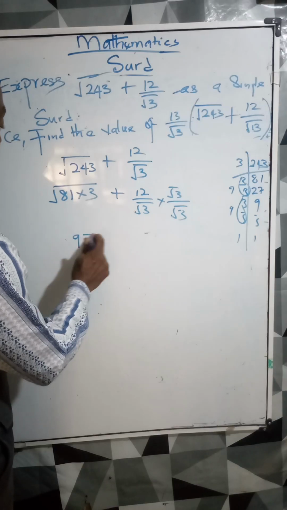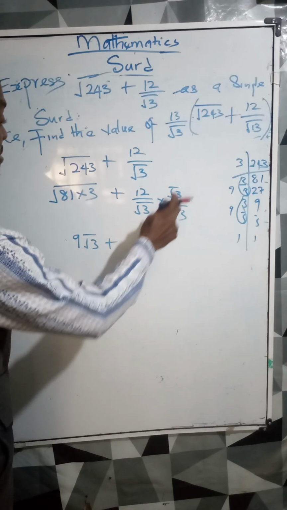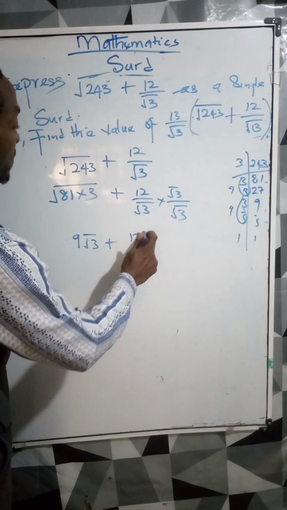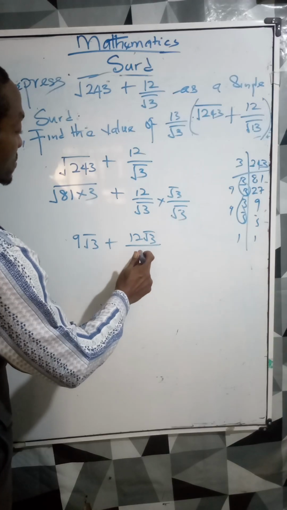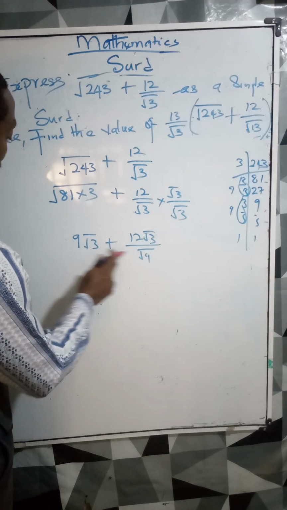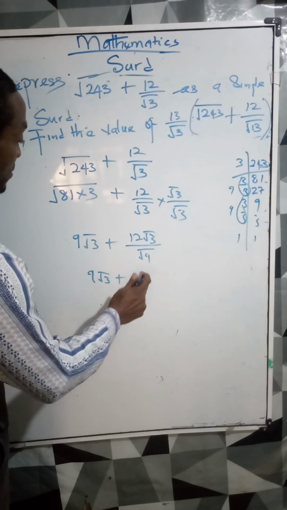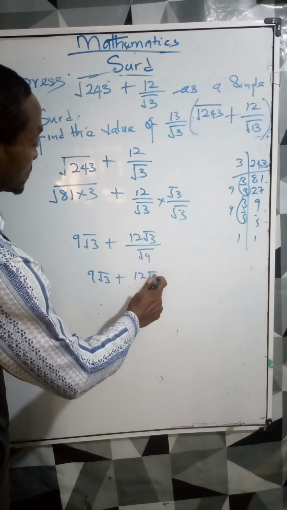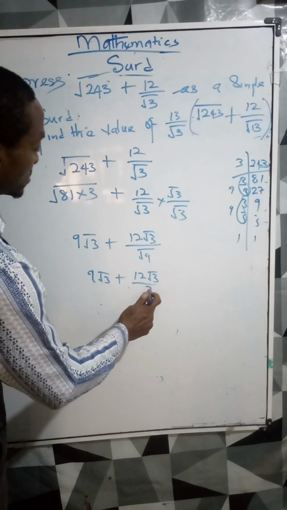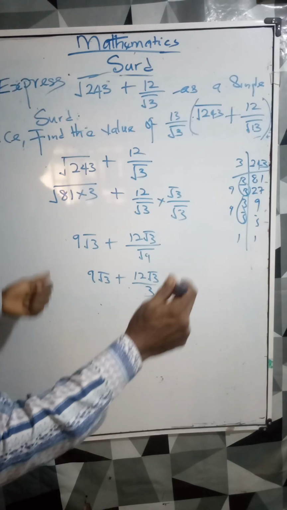So it was 9 root 3 plus this particular one will give us 12 root 3 all over root 9. The square root of 9 is 3.